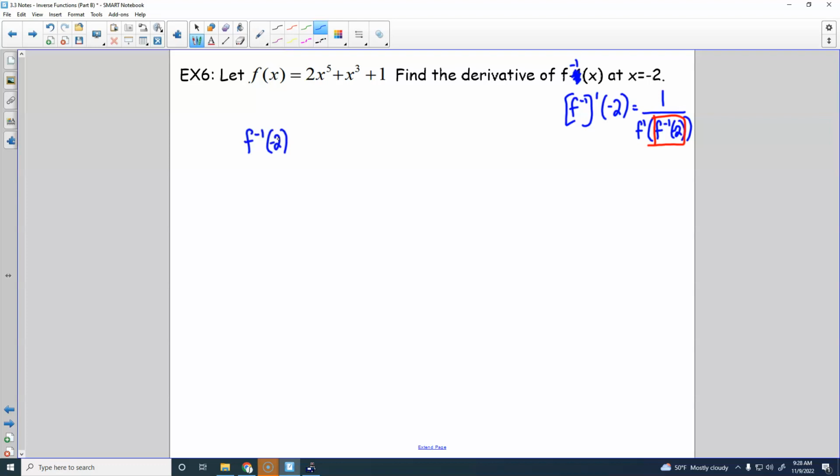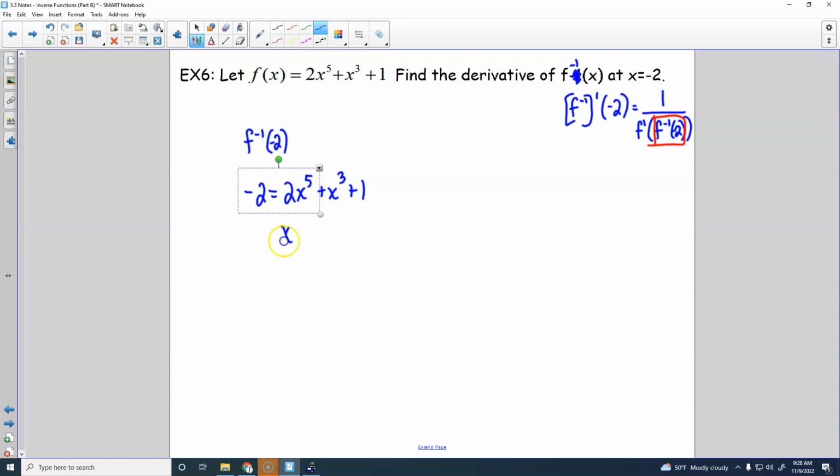So, if I want to find f inverse of -2, what do I do to find that value? This right here is my x on my inverse, which means it was my y on my original. So I put -2 equals 2x to the 5th plus x cubed plus 1. Okay? Connor says we get -1, and I think that looks right.